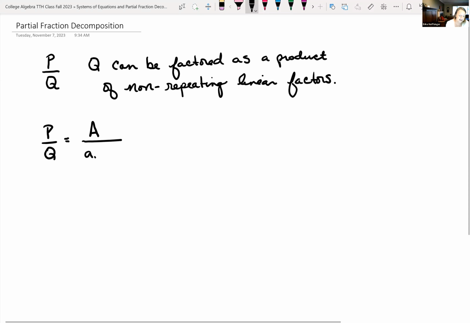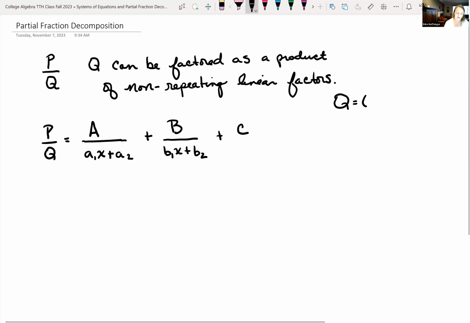So let's say a sub 1 x plus a sub 2. Plus, let's say we have another linear factor. We would take capital B all over that linear factor, b sub 1 x plus b sub 2. And we would continue to do that.